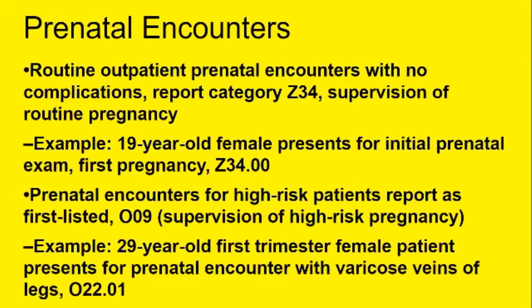Prenatal encounters for high-risk patients, report as first listed O09, supervision of a high-risk pregnancy. An example, a 29-year-old first trimester female patient presents for a prenatal encounter with varicose veins. Then you would use O22.01.